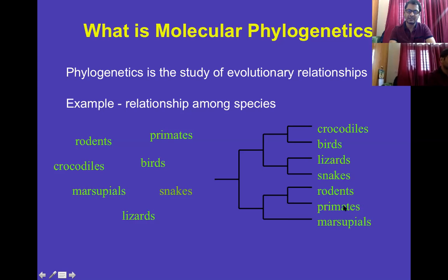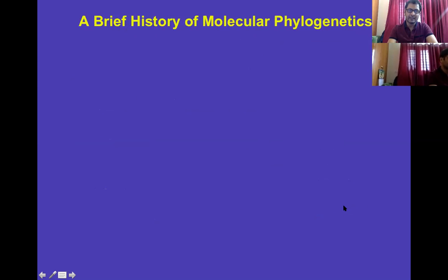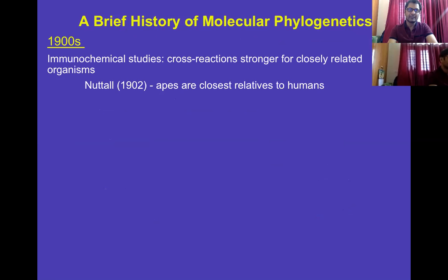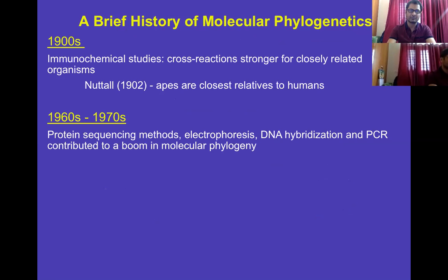If we see the brief history of molecular phylogenetics, initially immunochemical studies were done, where the cross reaction is stronger for closely related organisms, and this was Nuttall in 1902. Apes are more closely related to humans because their cross reactions are very strong.